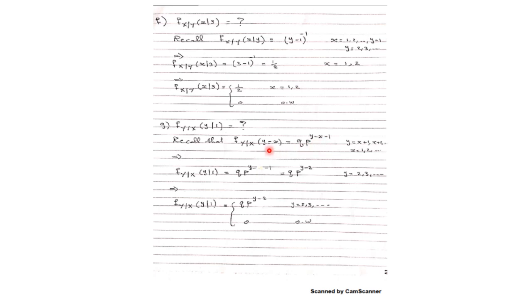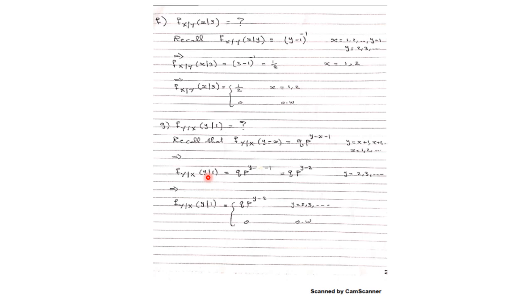Sorry, this is not equal. This is given, right? This is conditional. I'm sorry about that. Corrected. So this is y given x. This is what we obtained from the previous slide. All you are going to do is replace x with what? Replace it with 1. So you get f of y given 1.